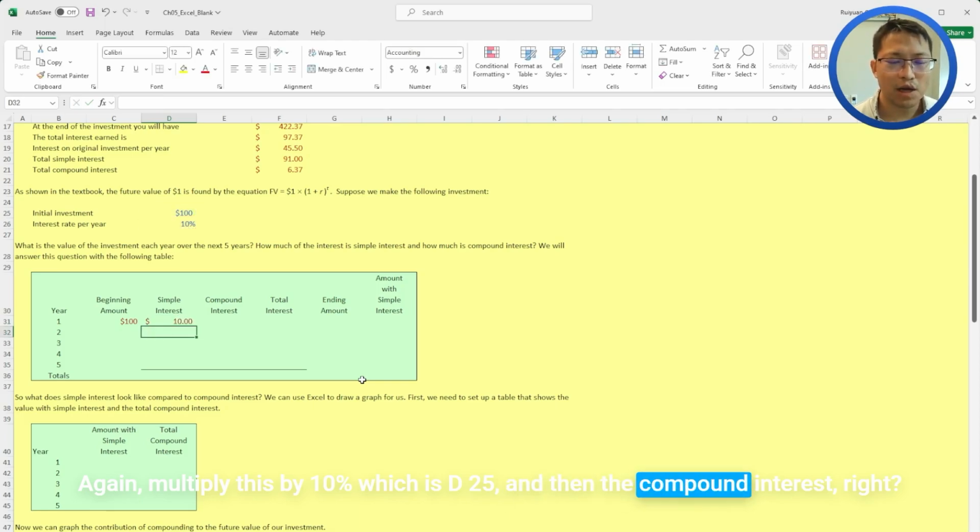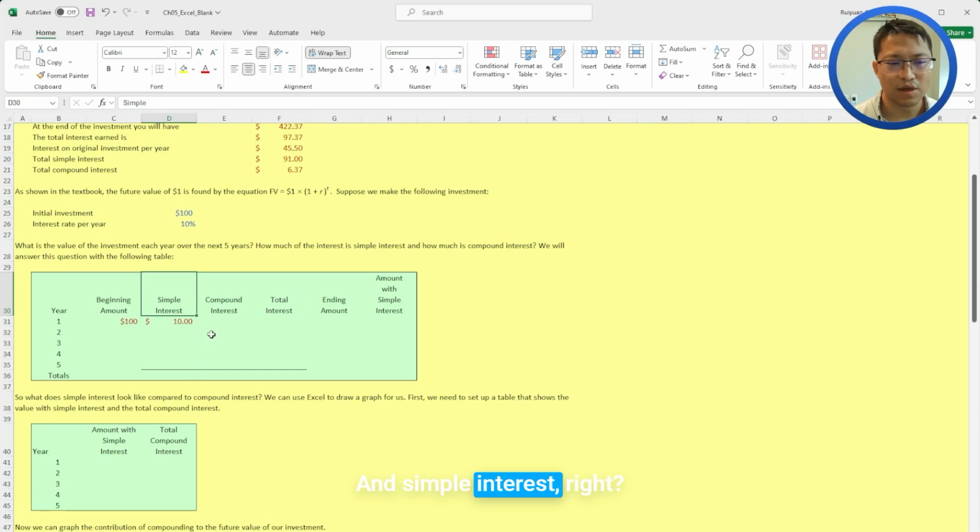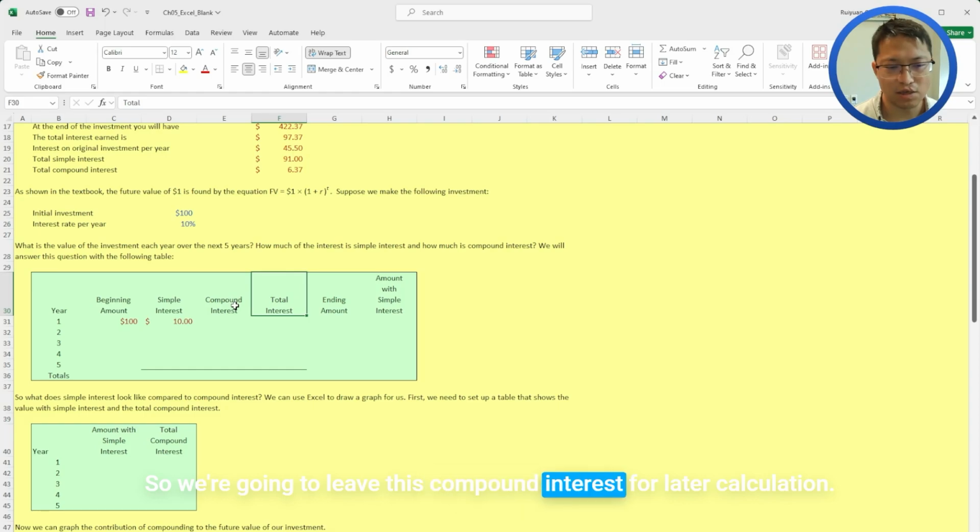And then the compound interest. Remember from the previous calculation, we know the compound interest is the difference between total interest and simple interest. We don't know the total interest yet, so we're going to leave this compound interest for later calculation. We're going to come back for this one.